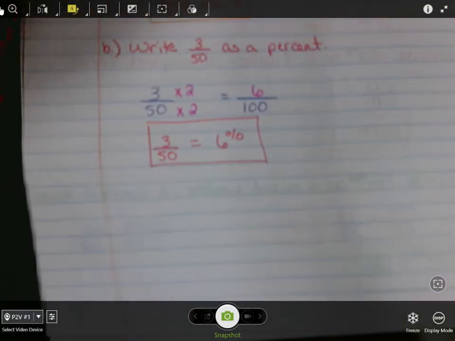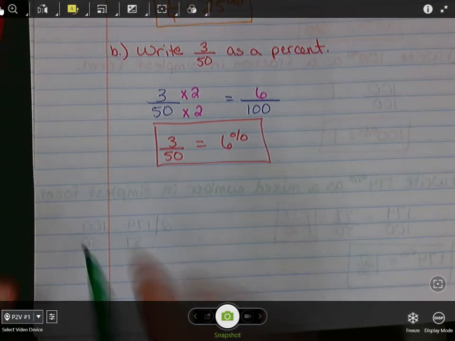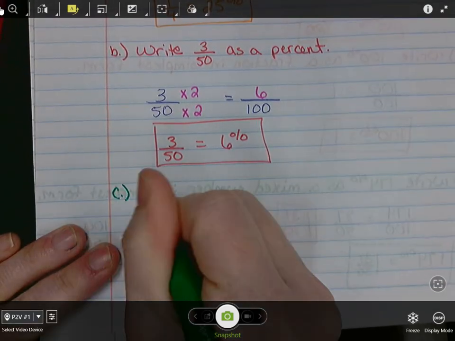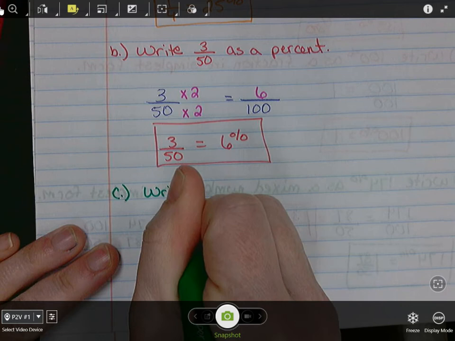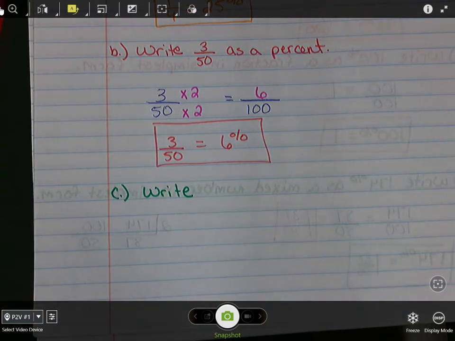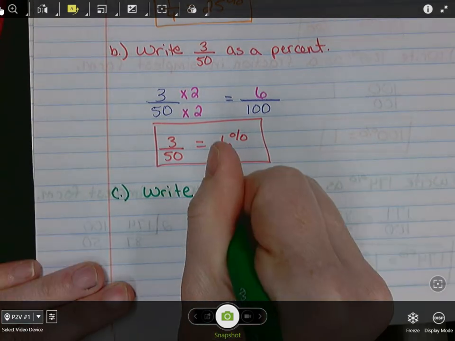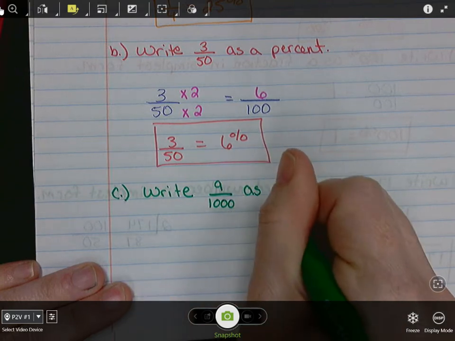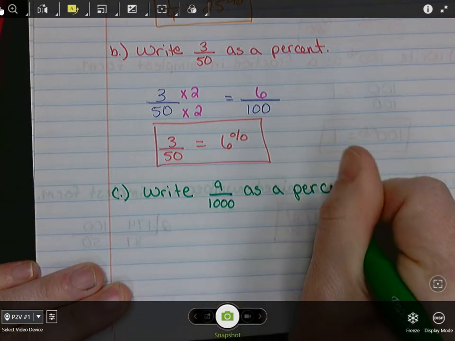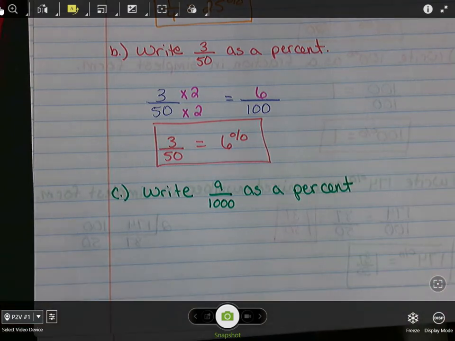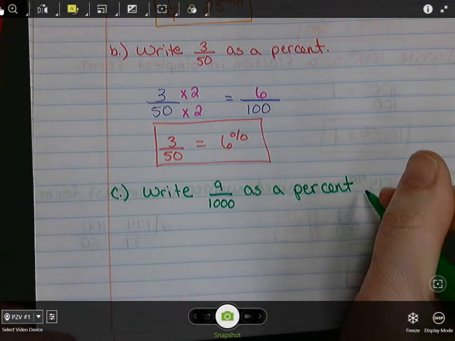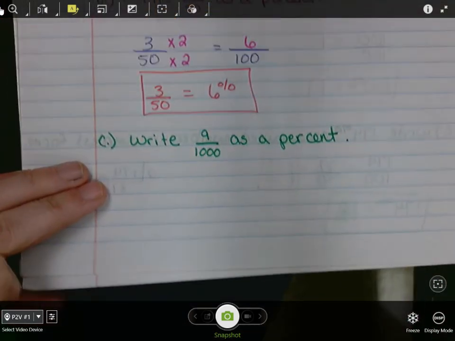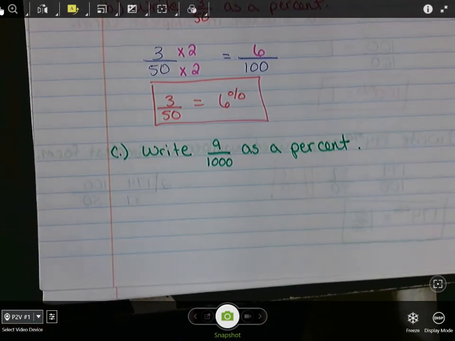And another example. Write 9/1000 as a percent. All right, so here's what we've got to do.